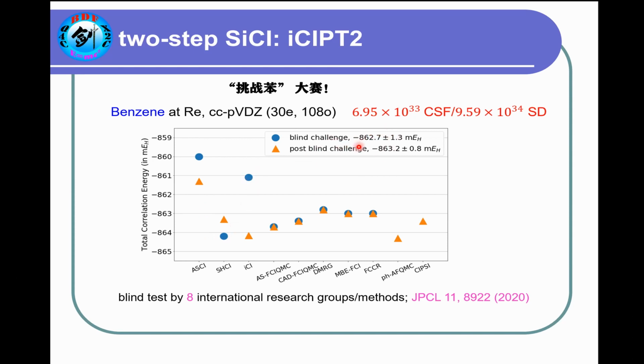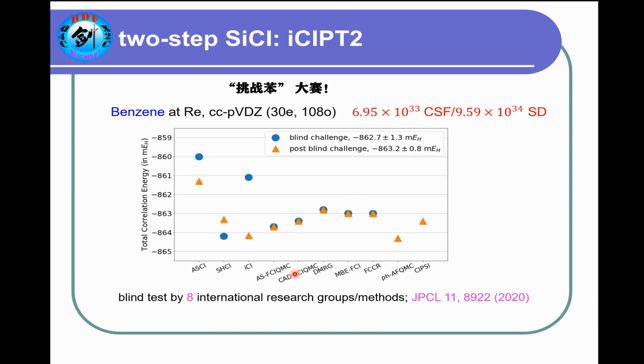On average it is 863 millihartree, but the methods differ by more than 1 millihartree. During the writing of the paper, some post-blind test results came out. These triangles, and the average value is still around 863 millihartree. Now the scattering is reduced to below 1 millihartree.